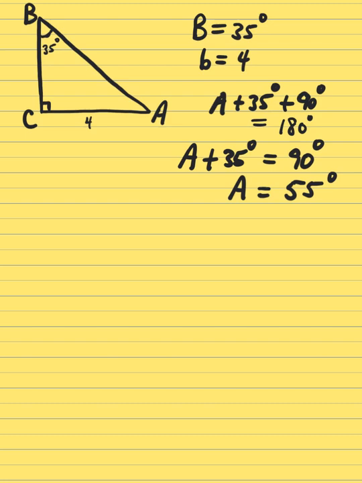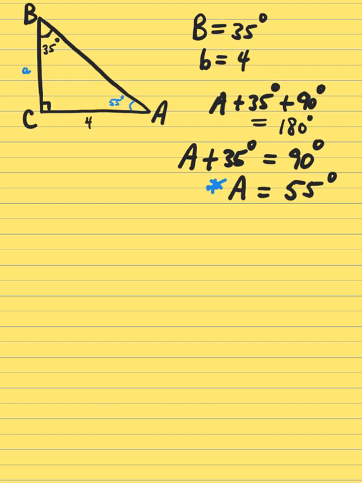If we want to find side a, I'm going to mark that one in blue. If you go opposite of angle A, you get side a. Angle A was 55. So now we can use our trig ratios to find side a.